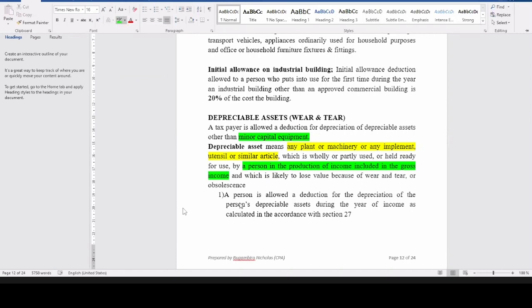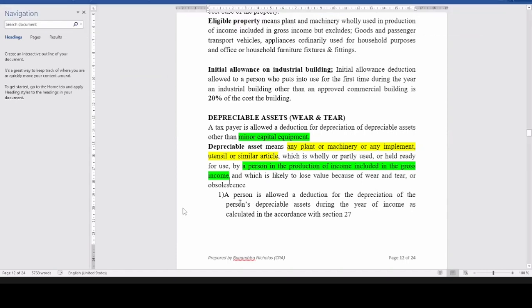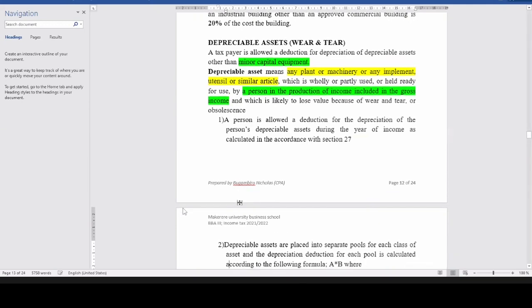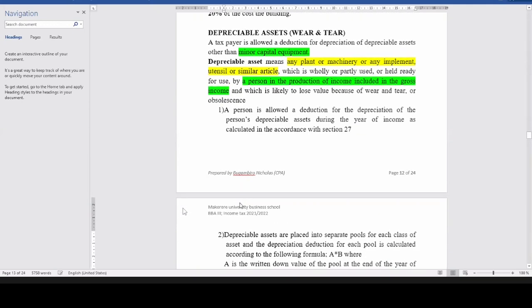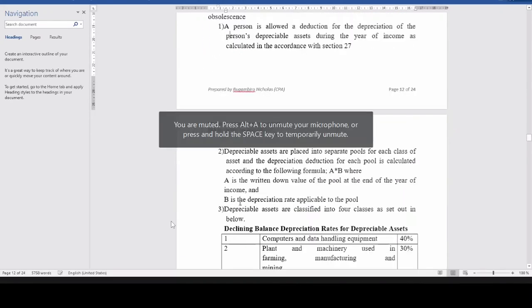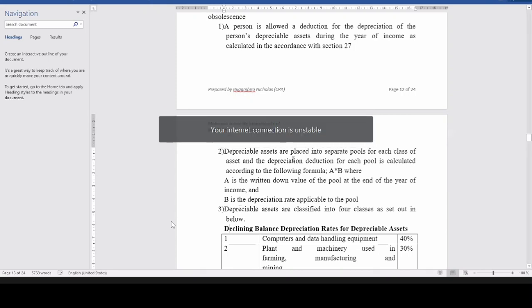They are saying, note one, a person is allowed a deduction in line with section 27. You will find a person is allowed a deduction of depreciation for the person's depreciable asset during the year of income, as calculated in section 27. A times B. In short, what does that statement say? The key words here: depreciable assets.